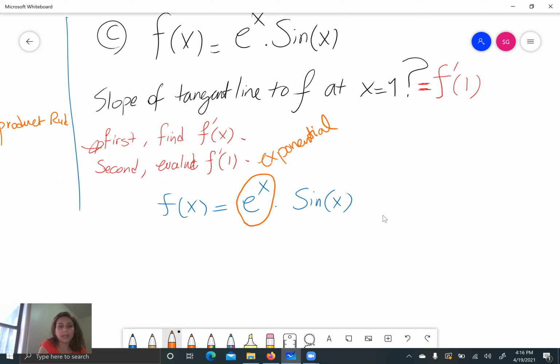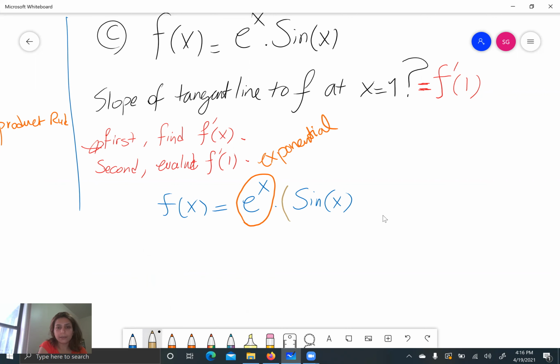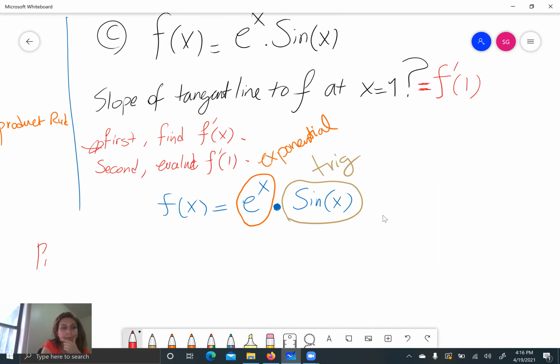What about sine? Sine is a trig function, right? So we have a product, a multiplication, of an exponential function and a trig function. So we need to apply the product rule.